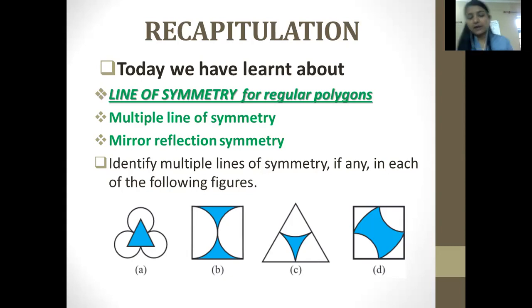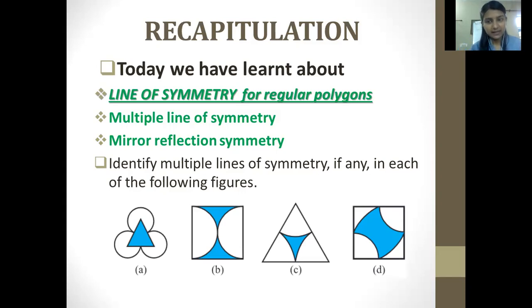So now you have to identify the line of symmetry in each of the following figures, and whether they make a line of symmetry, multiple lines of symmetry, or not. Yes, I'm giving you a few seconds. In the first image, you can see that it is making a line of symmetry. Excellent, you have understood it very well.